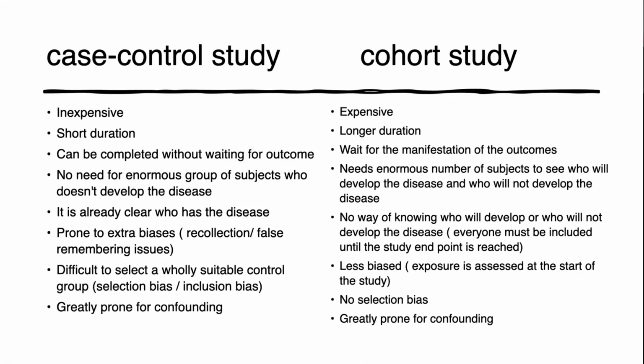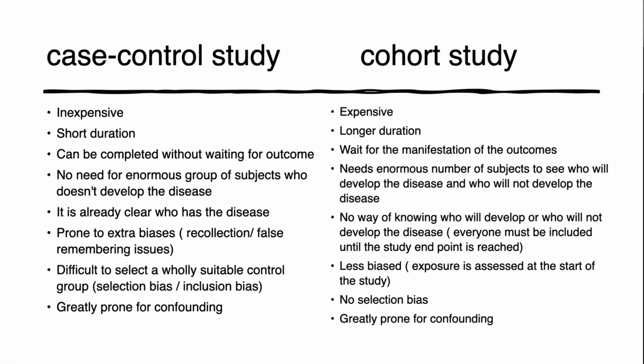Therefore, there are some differences between case control studies and cohort studies. So case control studies involve a small group of subjects, so they are inexpensive, whereas cohort studies involve a larger group of subjects. They're very expensive, and cohort studies are conducted over a period of time, longer duration, whereas case control studies are studied over a short duration.